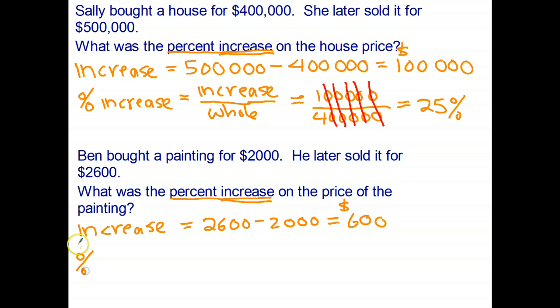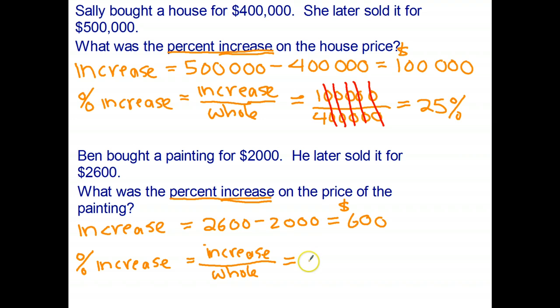And once again, don't just write the word percent. To be really clear as to what we're looking for, write percent increase. And that's going to be the increase, that's the part, divided by the whole amount.